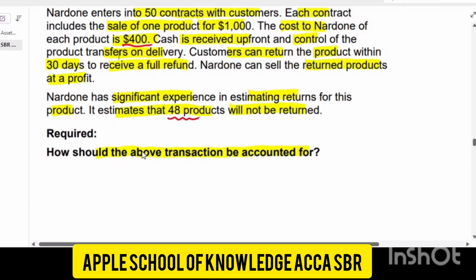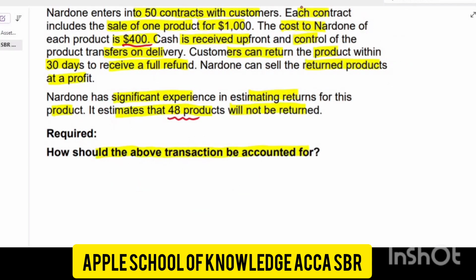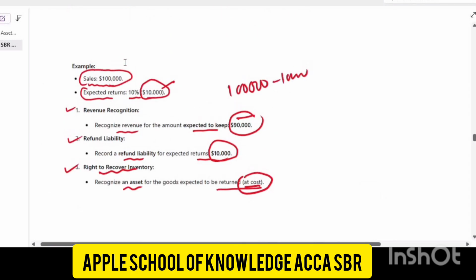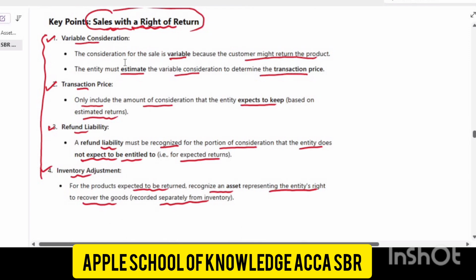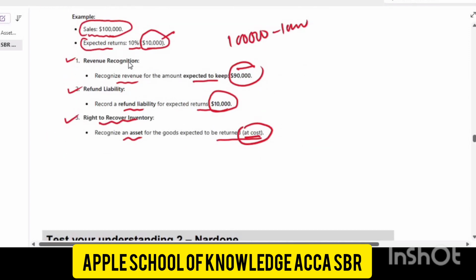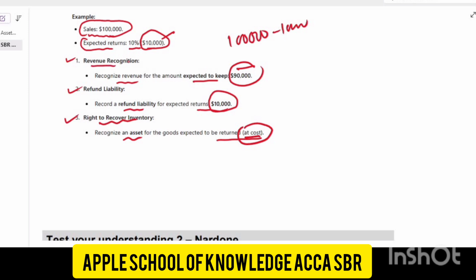So what we did in this question is about when you are doing a transaction with the right of return, then first you will do revenue recognition, how you will do estimated revenue recognition, then the refund liability, then right to recover inventory.